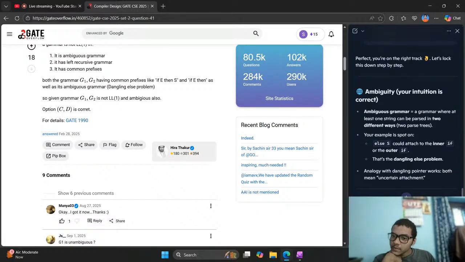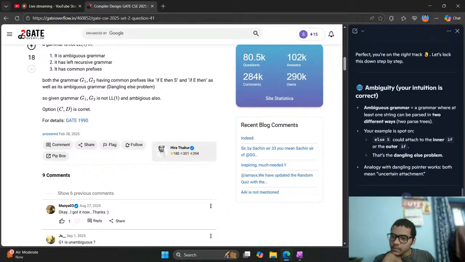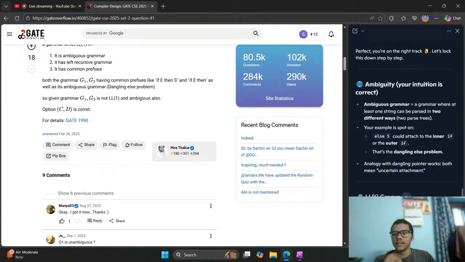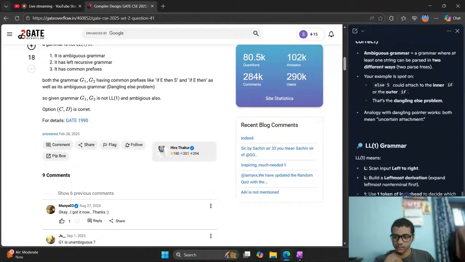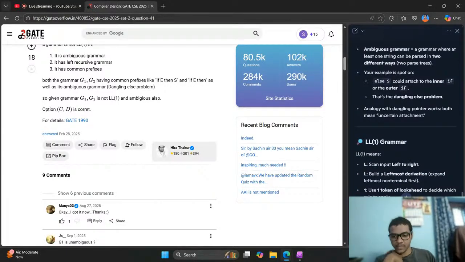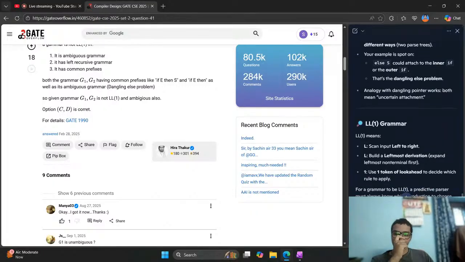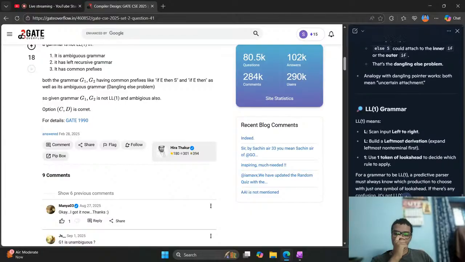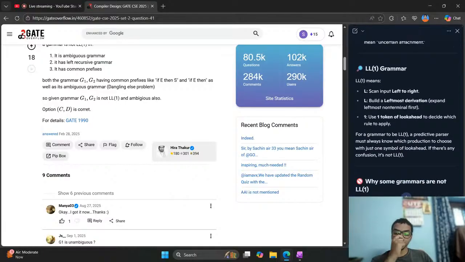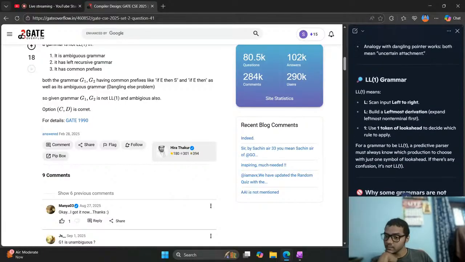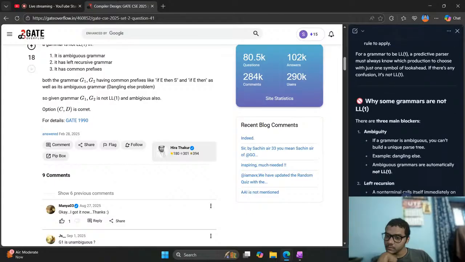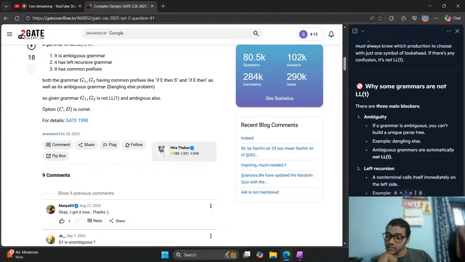A grammar in which at least one string can be parsed in two different ways is ambiguous. The else could attach to the inner or the outer if. That's the dangling else problem. LL1 means scan input left to right, build a leftmost derivation, with one token of lookahead deciding which rule applies. You cannot build a unique parse tree, for example with dangling else.